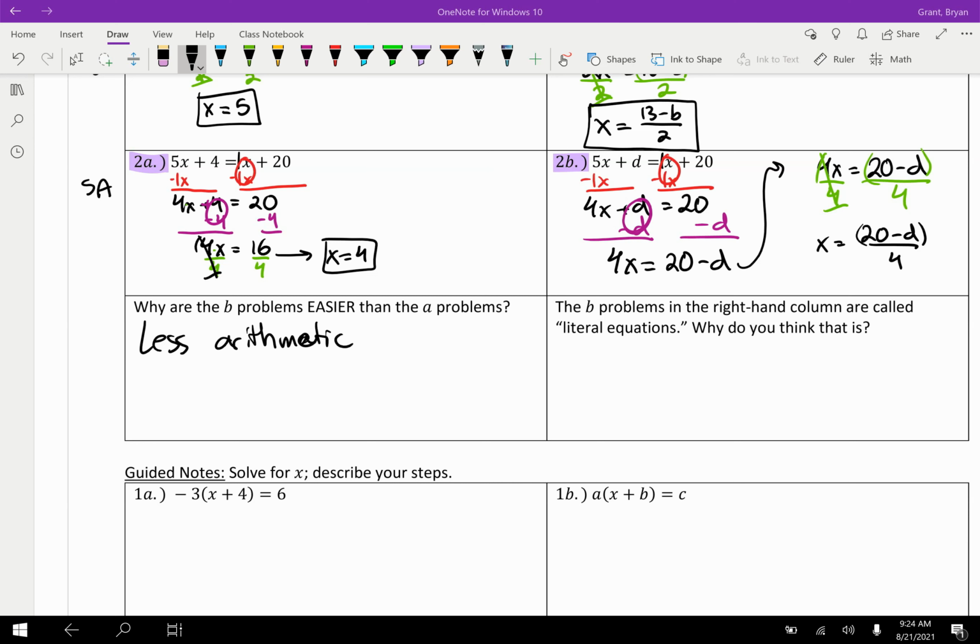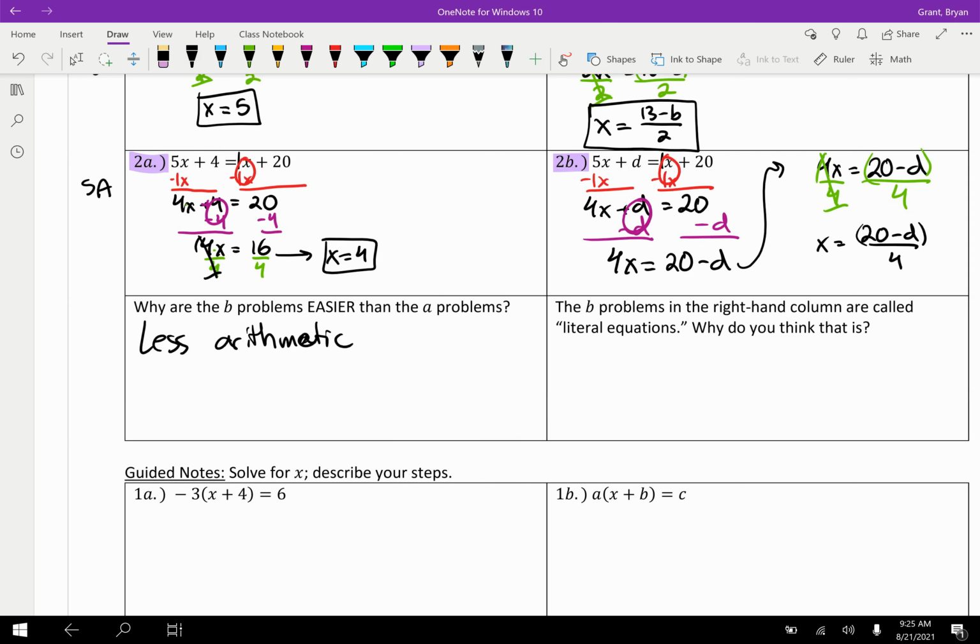Now, another step. The B problems in the right-hand column, these guys over here, are generally known as literal equations. Any idea why? Well, the stem of literal comes from the same stem as the word letter. And so literal equations are essentially just equations with letters. Or in particular, you're like, but all of our equations have had letters.